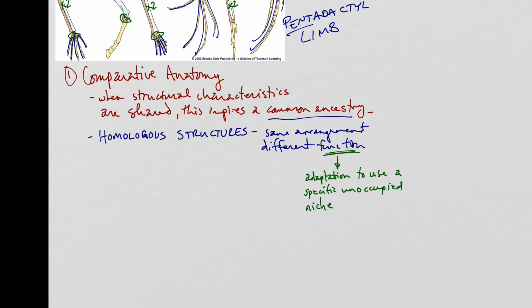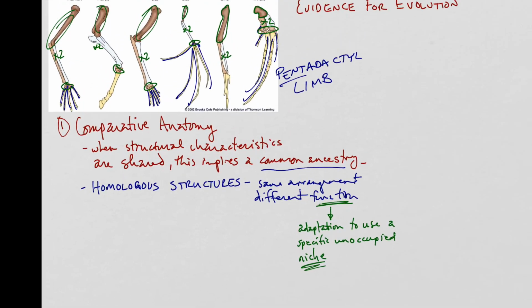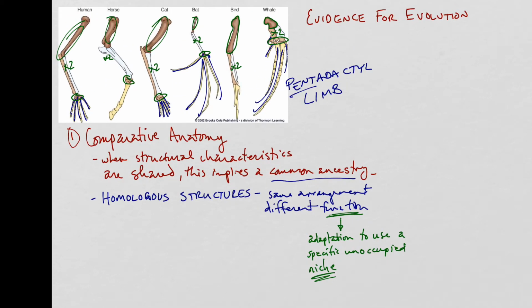Now, a niche is like a role or a job. And these particular adaptations are there because these organisms were more successful in these specific environments because of these changes.